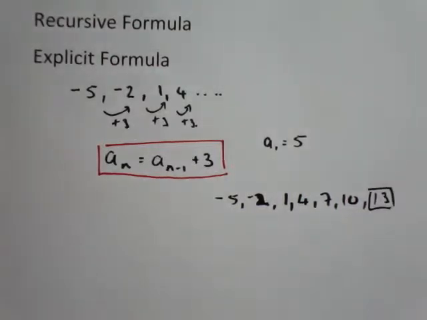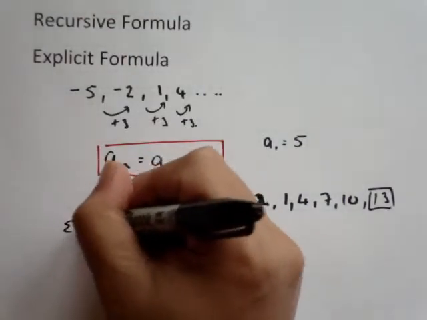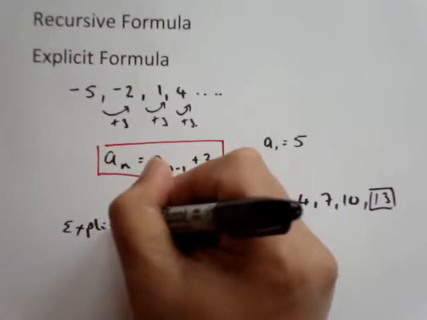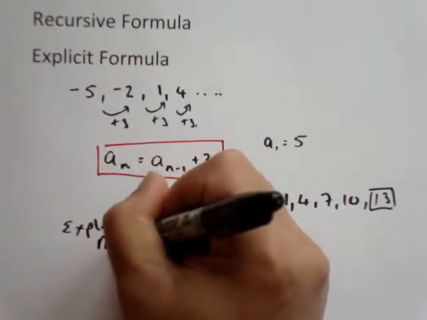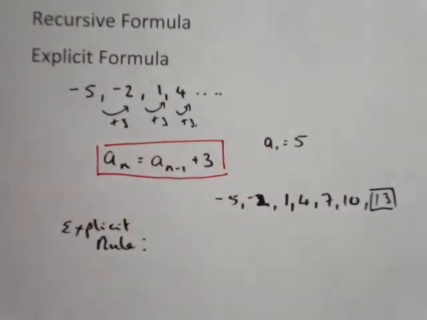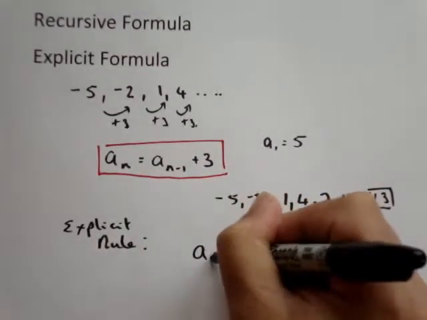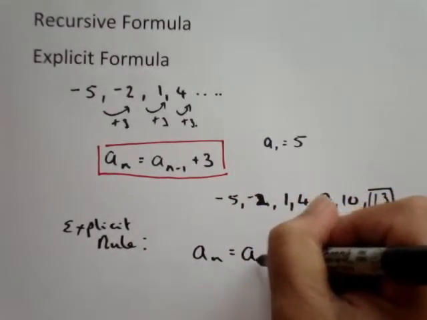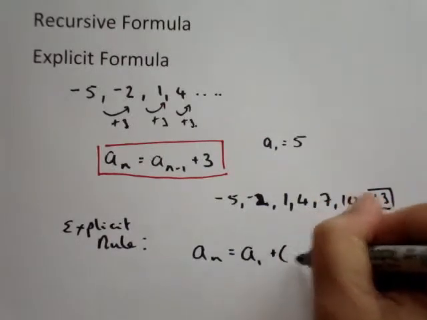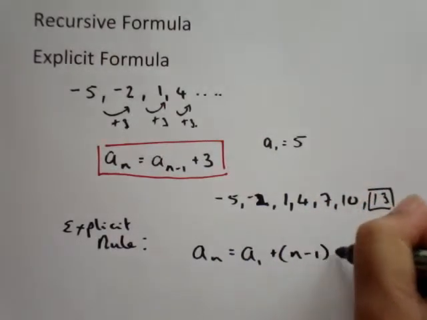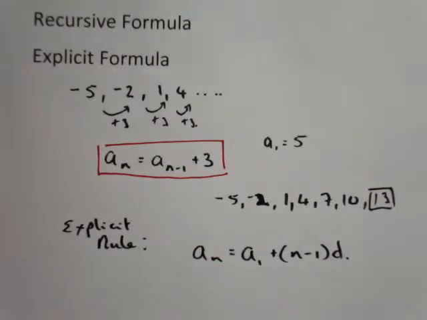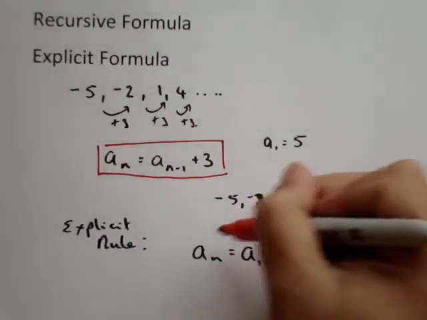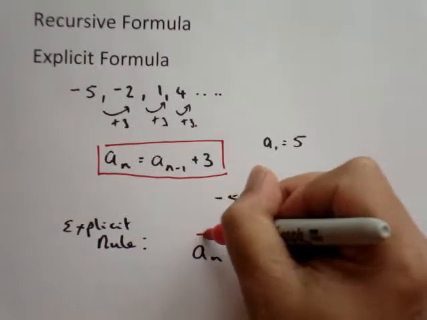For the recursive formula, or the recursive rule, we'd have to list out the sequence, whereas in the explicit rule we just use the formula a n equals a sub 1 plus n minus 1 d to get the 7th term.